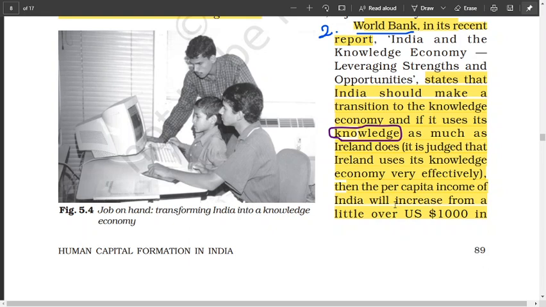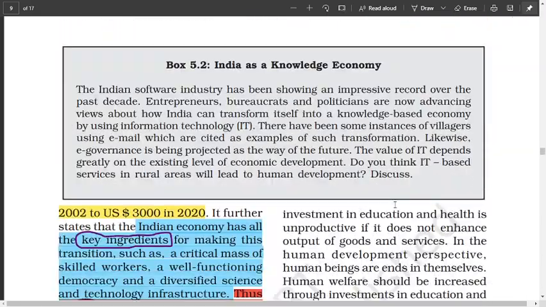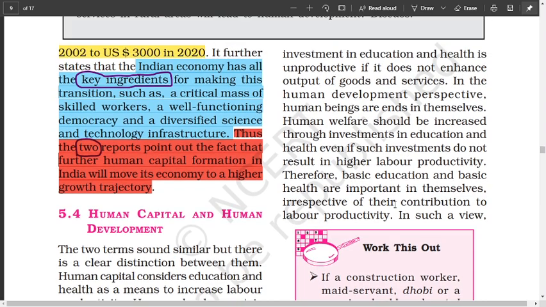So there also you see it talks about the human capital that we have, and if we make use of education to bring about an increase in literacy rate and bring about a knowledge economy so that people learn, it says that our per capita income will increase from $1,000 to about $3,000 in 2020.